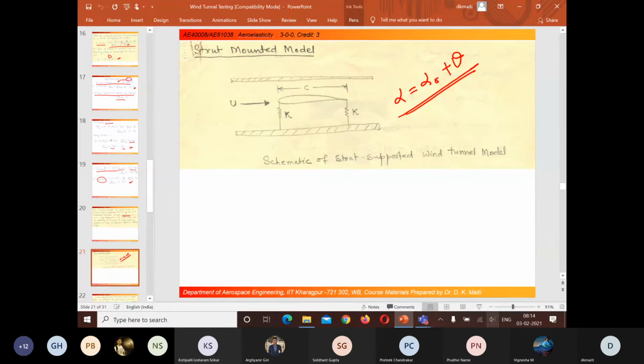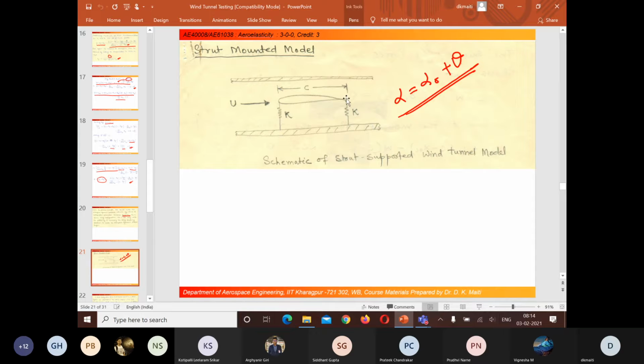The third type of model that we call a strut mounted model. That is basically the aerofoil model mounted on springs. Though I have shown it in this configuration with the springs on the bottom side, the internal model we have in our laboratory has springs on both sides.